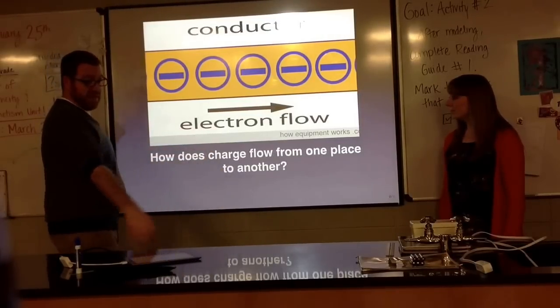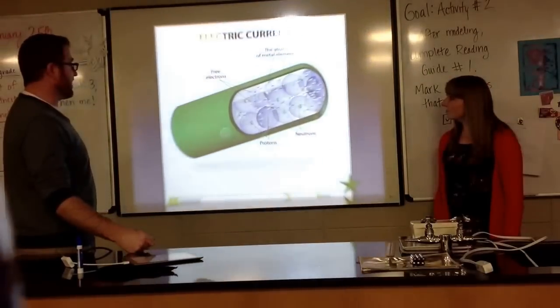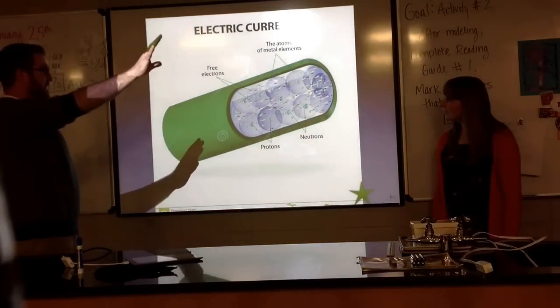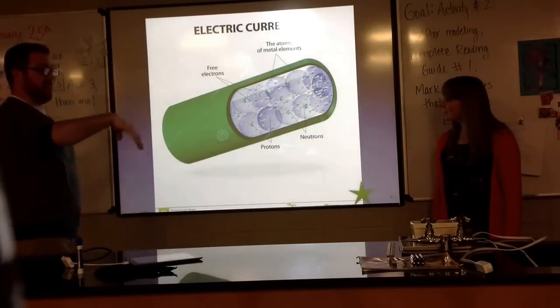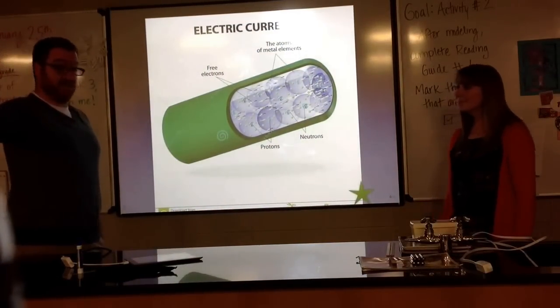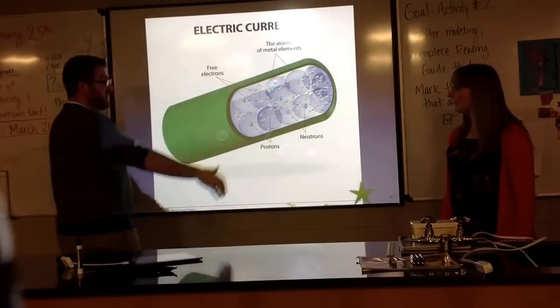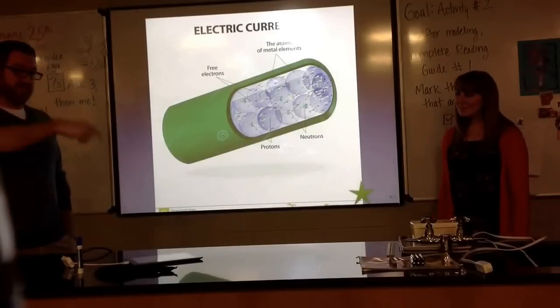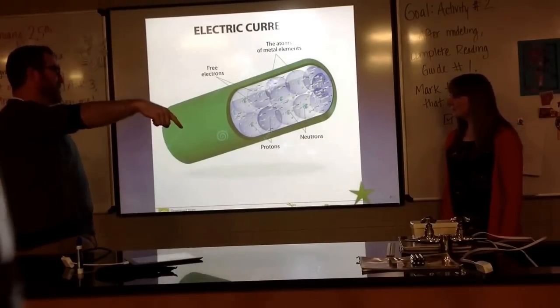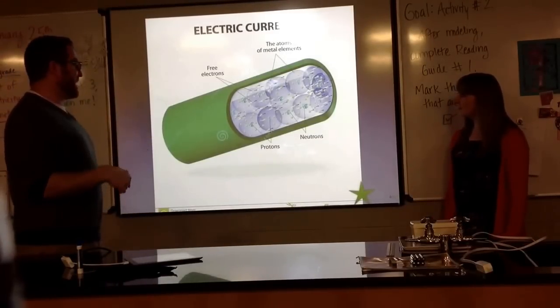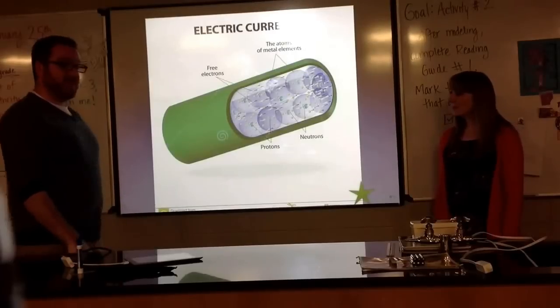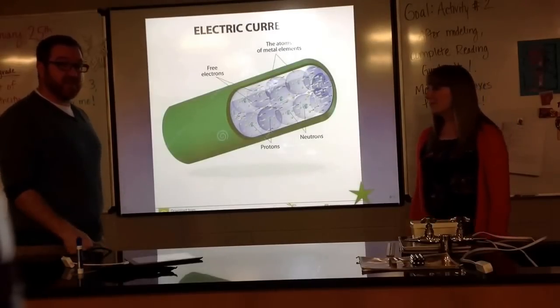If you take a look at it on a bigger scale here, all these atoms lined up next to another, we can, by moving an electron from one atom to another atom, get these things to move within that circuit and use them to our advantage.